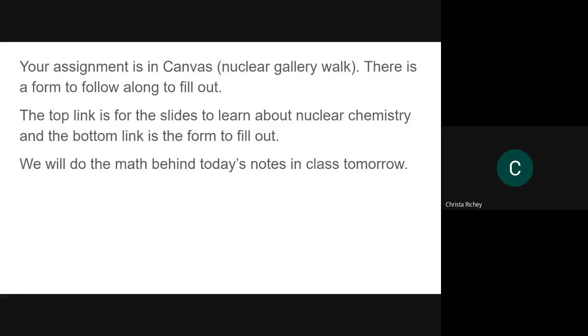There are a bunch of different things, like good and bad things, that have happened with nuclear radiation. And it wants to know what happens, when did it happen, or when was it discovered, where did it happen, or where is it being used. You don't have to give me paragraphs in here, so a fact about what was going on. And is it a positive, is it a pro or a con? This is going to take a while.